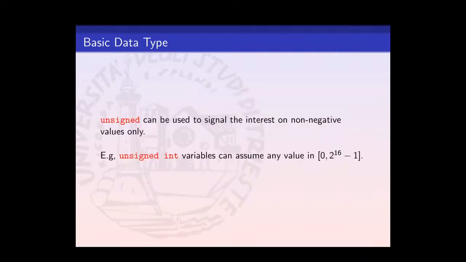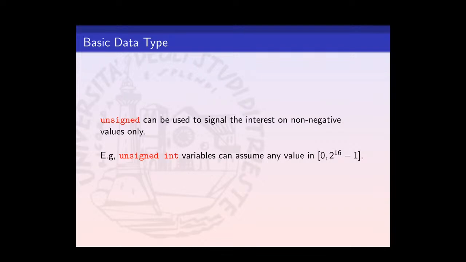Another interesting thing is that you can use a special word named unsigned to shift the range of numbers representable by the data types we saw a while ago, and take not the integer values but the natural values. Let's consider the case of the unsigned int.